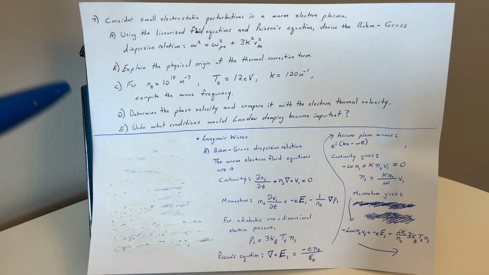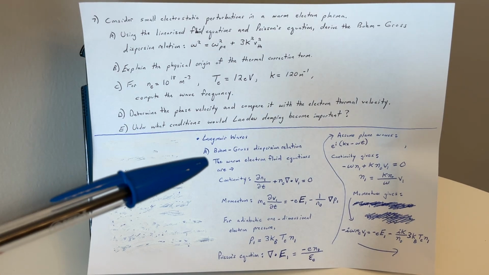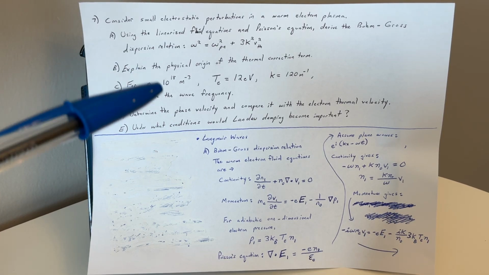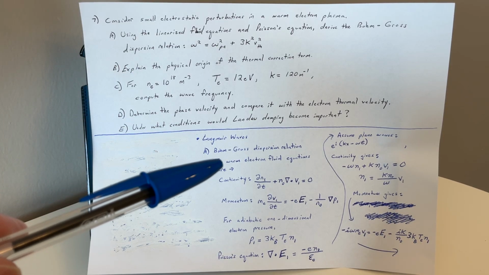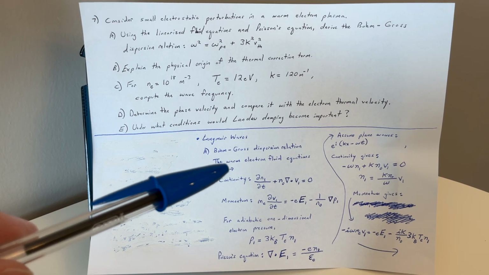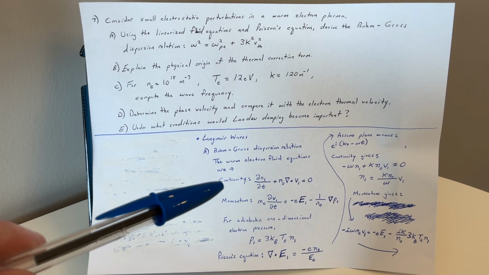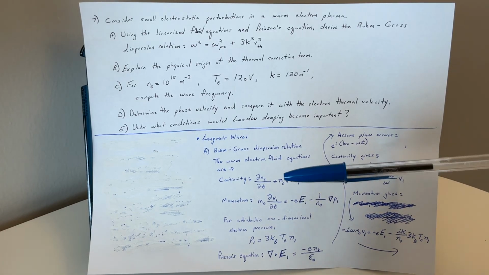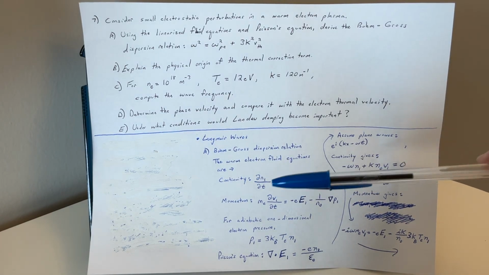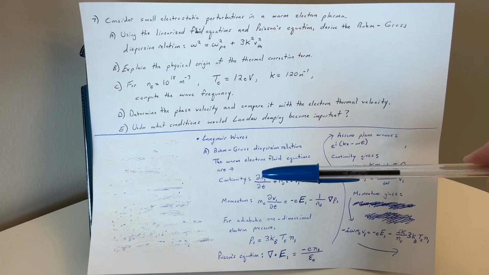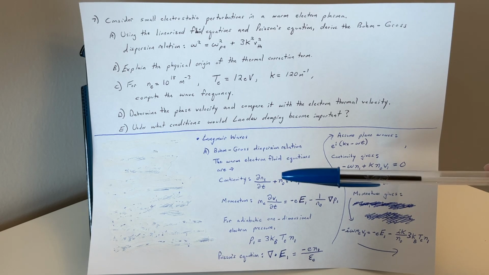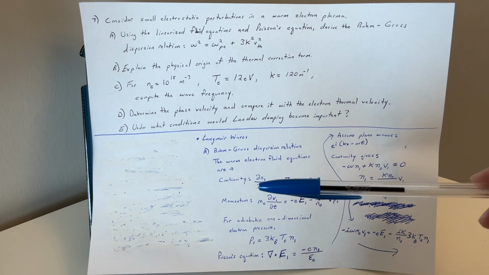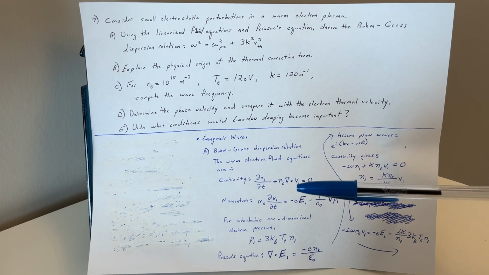Langmuir waves. For part A, for the Bohm-Gross dispersion relation, the warm electron fluid equations we need are for continuity and momentum. Here they are respectively. For continuity, we have the partial derivative dn sub 1 dt plus n naught, del operator dotted with v sub 1, equals 0.